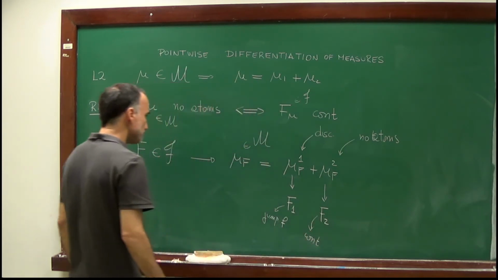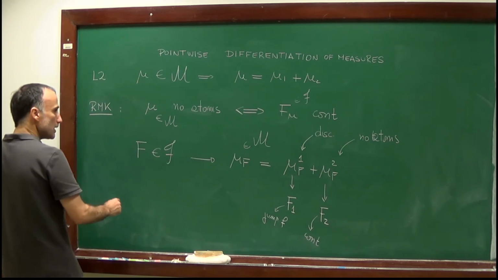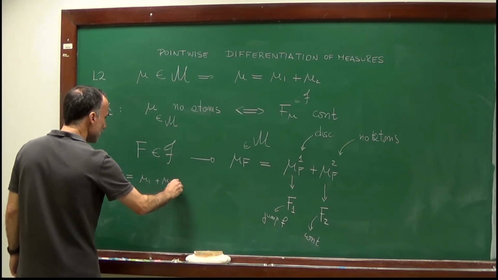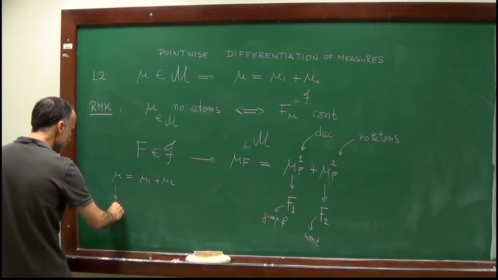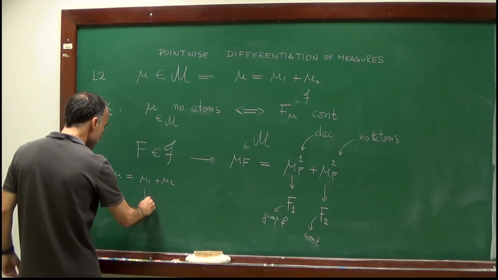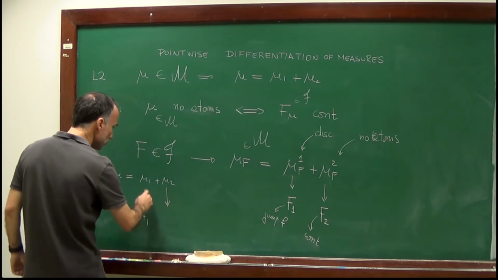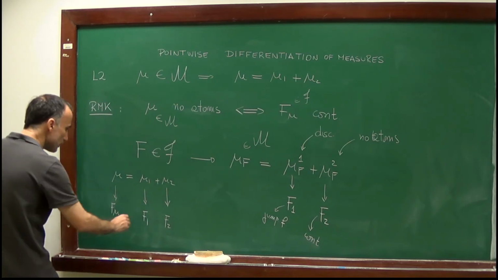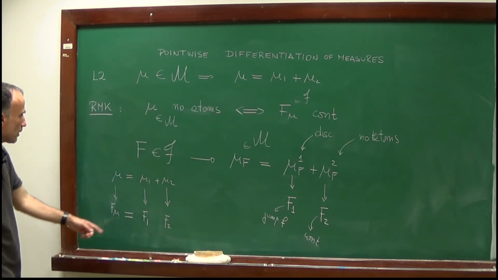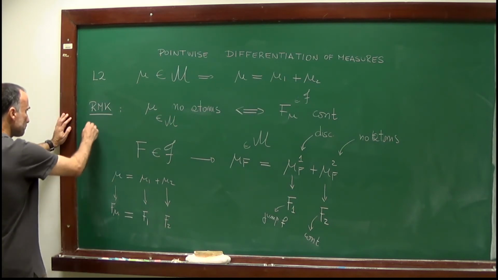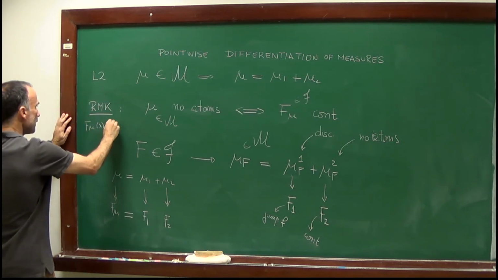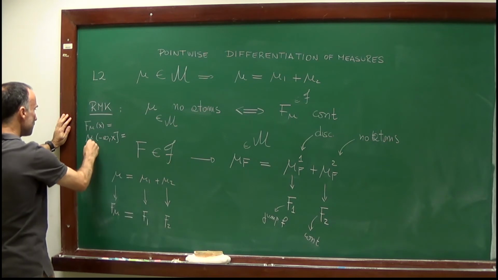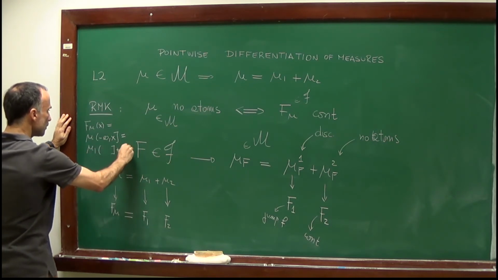Okay? Now, it's clear that if you take a measure mu and you decompose it as a measure mu1 plus mu2, and you define by f mu the function associated to mu, and by f1 the function associated to mu1, and by f2 the function associated to mu2, what I claim is that f mu is equal to f1 plus f2, and this is obvious because f mu of x is equal to mu of (minus infinity, x], which is equal to, by this formula, mu1 of this set plus mu2 of the same set.